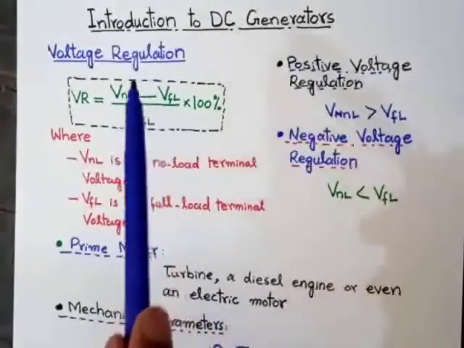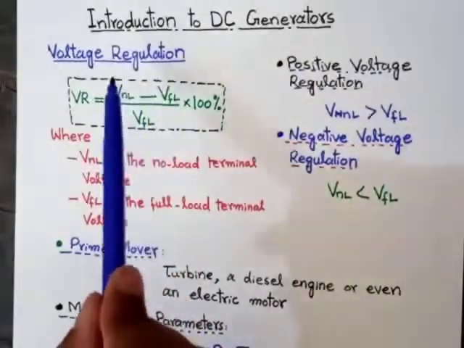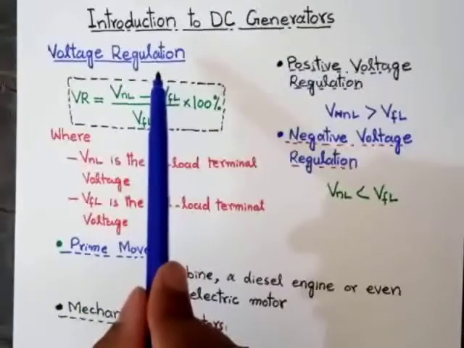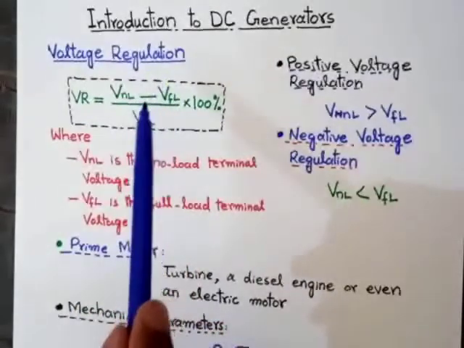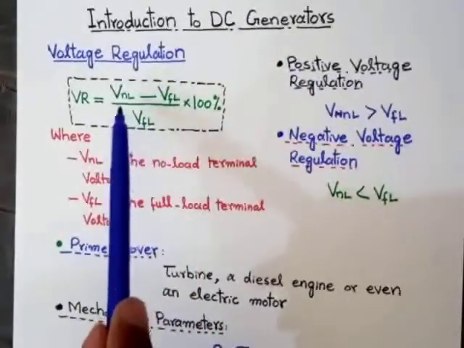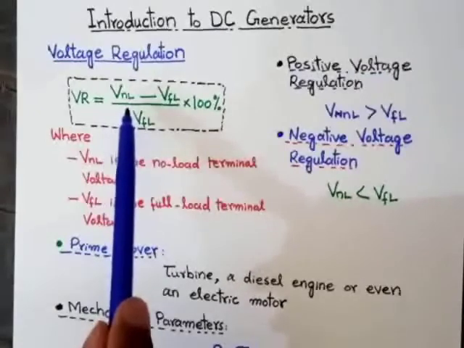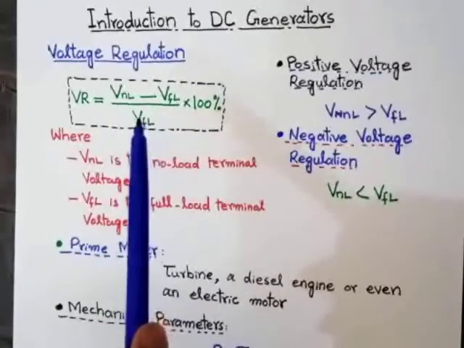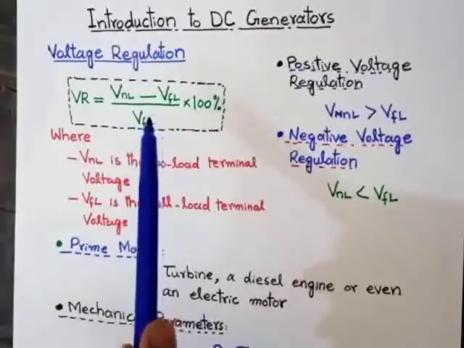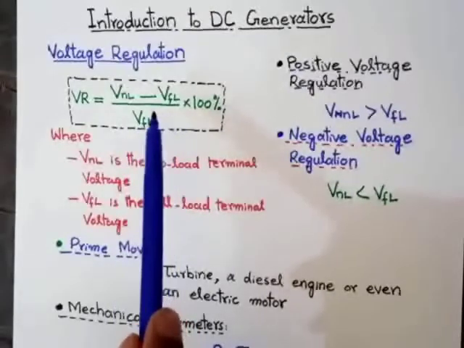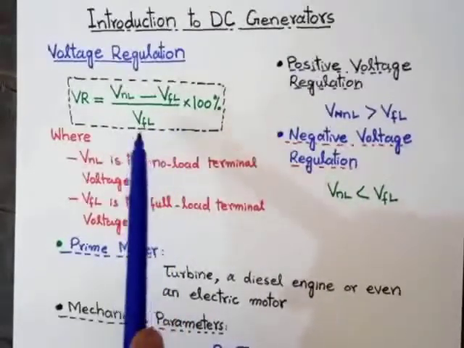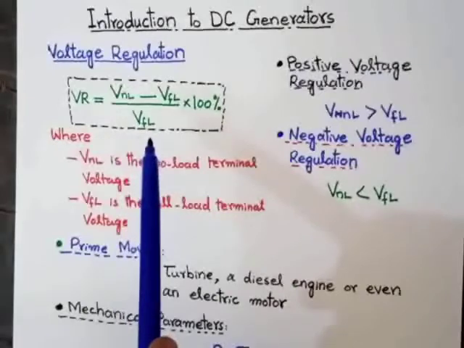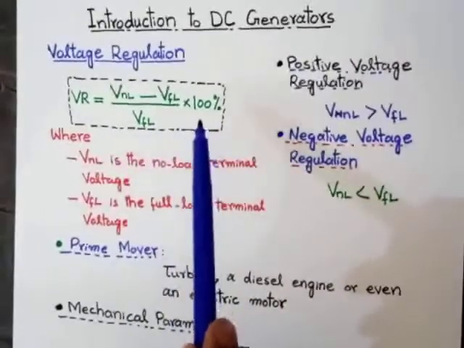So now the question is, what is the voltage regulation? Voltage regulation is the terminal voltage at no load minus the terminal voltage at full load condition, divided by the voltage at full load condition, multiplied by 100.